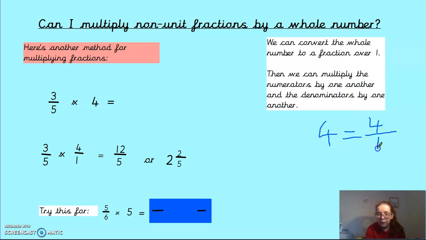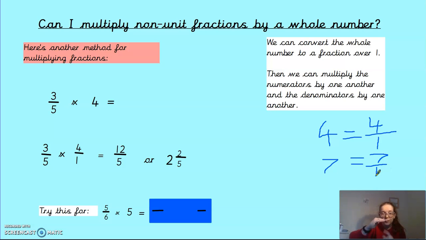That's what it would be like if we were to represent it in fraction form. I've got myself in a little muddle there. But 4 is the same as 4 over 1, just like 7 would be exactly the same as 7 over 1. They're identical.